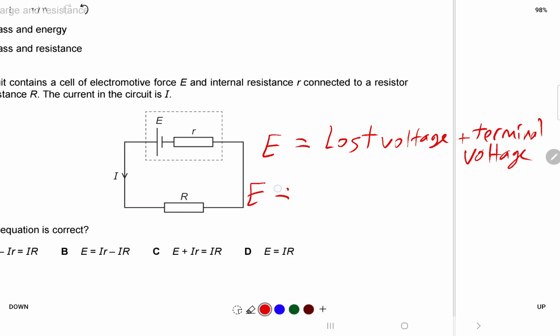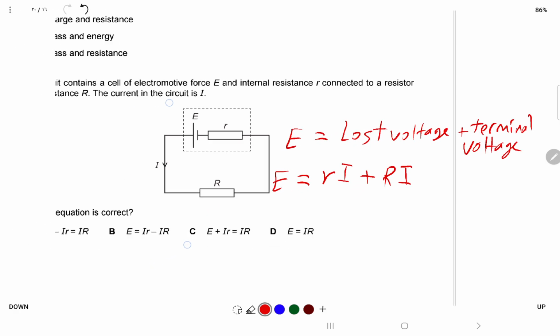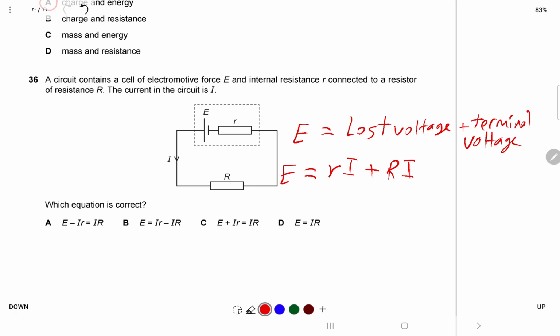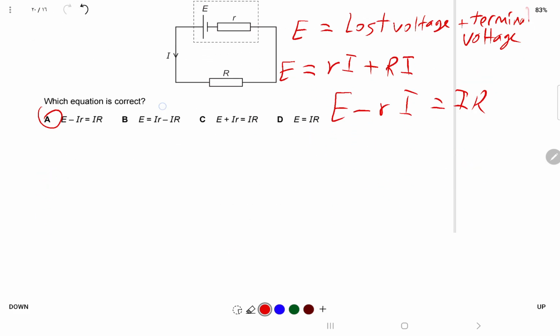Which means E is equal to rI plus RI, where the lost voltage is the voltage because of the internal resistance. Now if you rearrange, you get E minus rI is equal to IR, and this is option A. Option A is the correct answer.